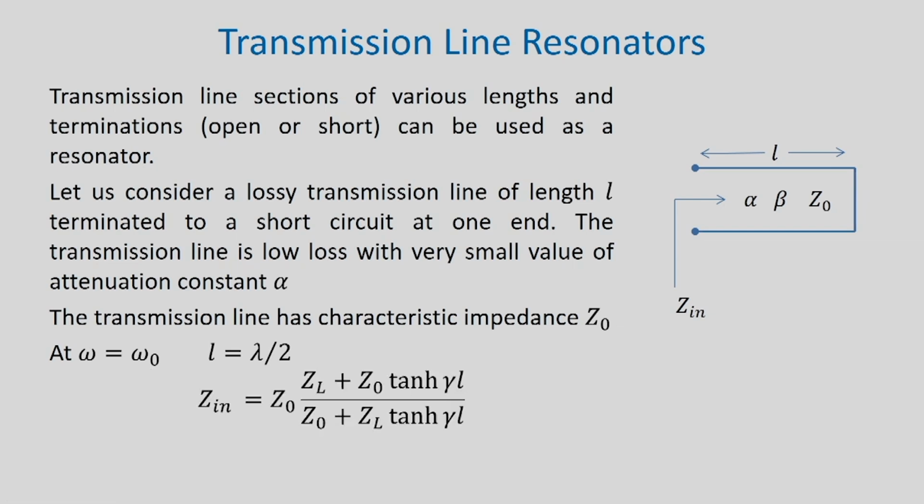Now, for such lossy lines, we can write Z in to be equal to Z0 times (ZL plus Z0 tanh gamma L) divided by (Z0 plus ZL tanh gamma L).